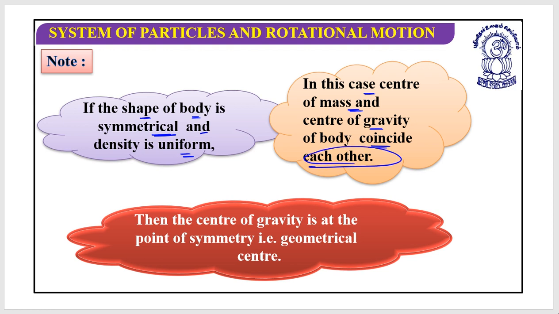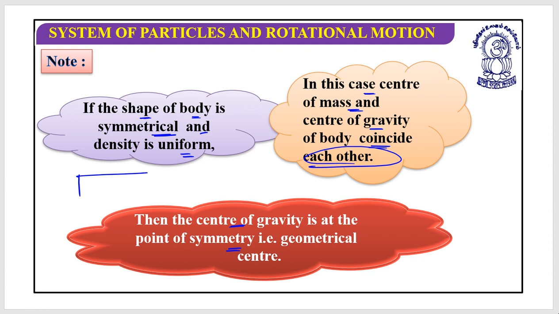So the center of gravity and center of mass would be at the same location, and the center of gravity is at the point of symmetry, which means at the geometrical center.